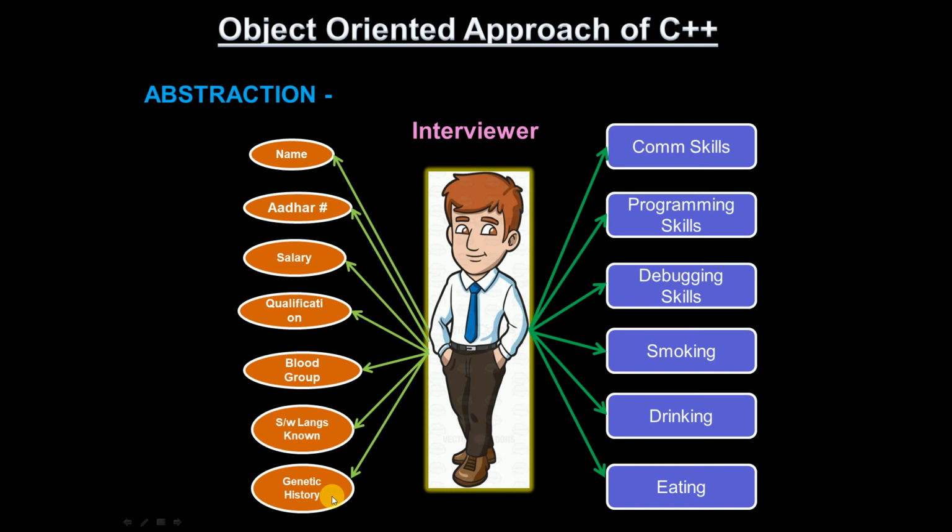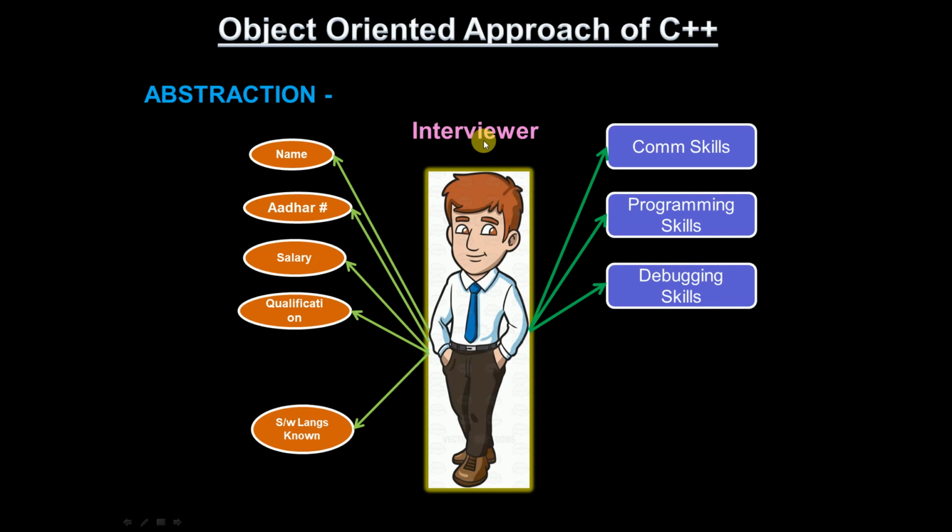Even though all this information is associated with him, from the interviewer's point of view, whatever is not required he will ignore. He will extract only the essential information, whatever is required for him. So this is one example.